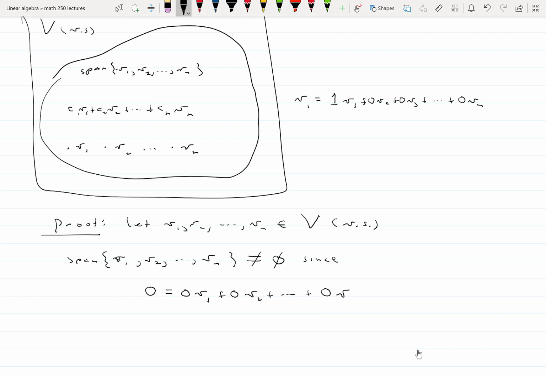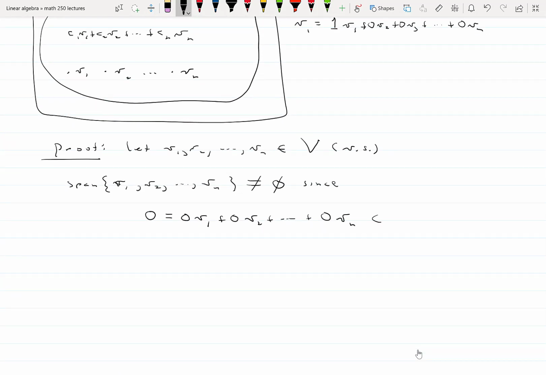The span contains all the linear combinations. In particular, it contains that vector where all the scalars in that linear combination are 0. So the 0 vector is in the span of v1 to vn.